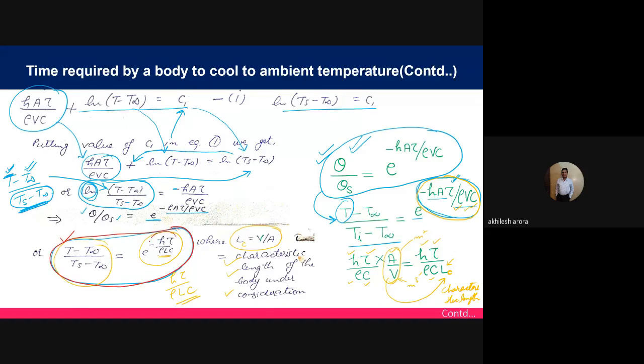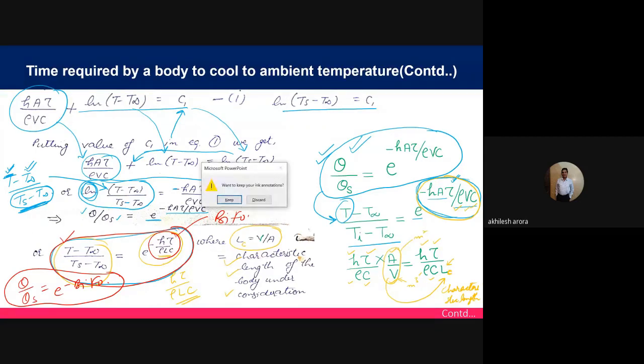You have seen that this exponent was equal to Biot number into Fourier number. So we can say theta over theta s is equal to e raised to the power minus Biot number into Fourier number, and it is a very important equation. So I will end my lecture here. Any questions you can ask.